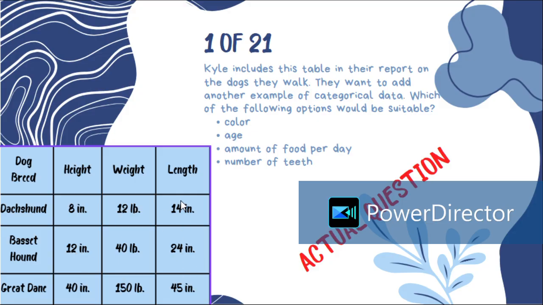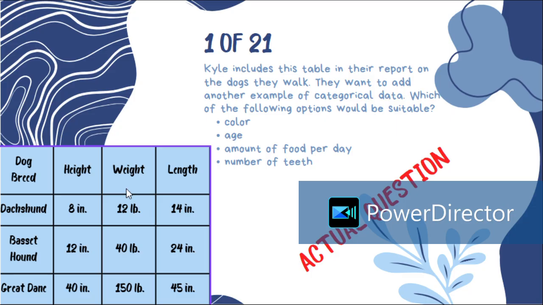So if you have a category that can be written as a number, like how many Dachshunds you had or Basset Hounds or Great Danes, that's numerical, okay? If it cannot be written as a number, then it's categorical.